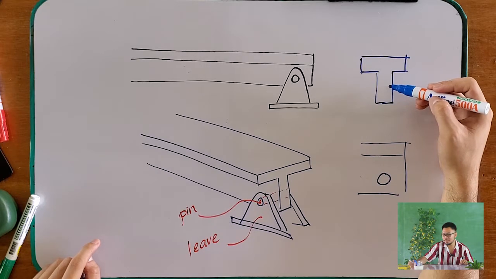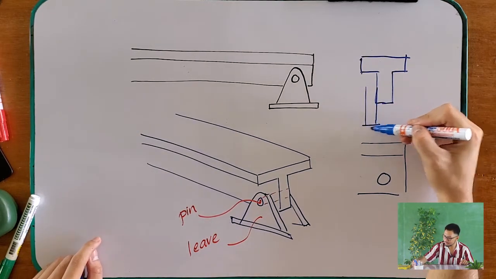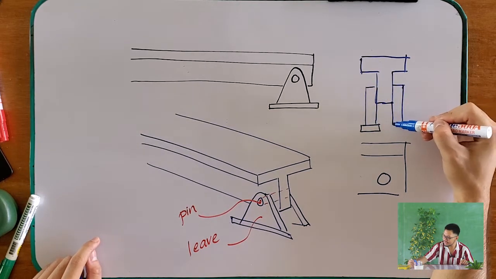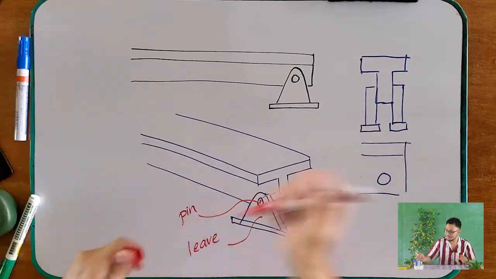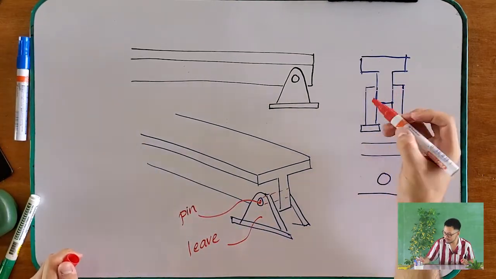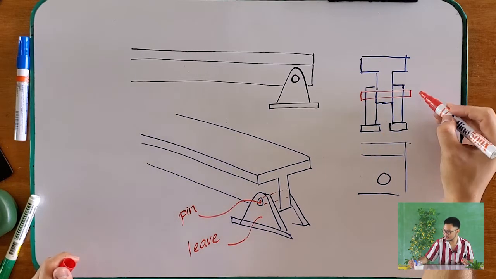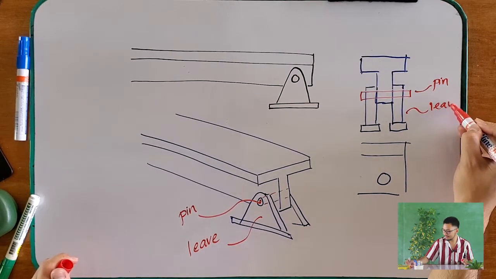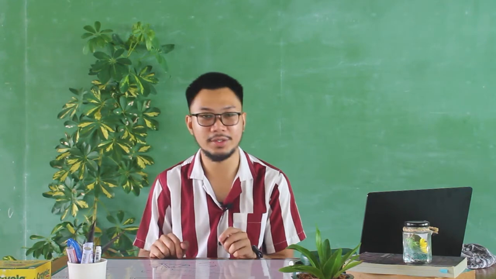Murag side view sa imong beam, and then mao ni ang imong leave. Murag imong other leave. So duha ni sila ka leaves ha. And then ang imong pin naa siya sa tunga. Your pin and your leave. Okay? So yun ang atong pin support.